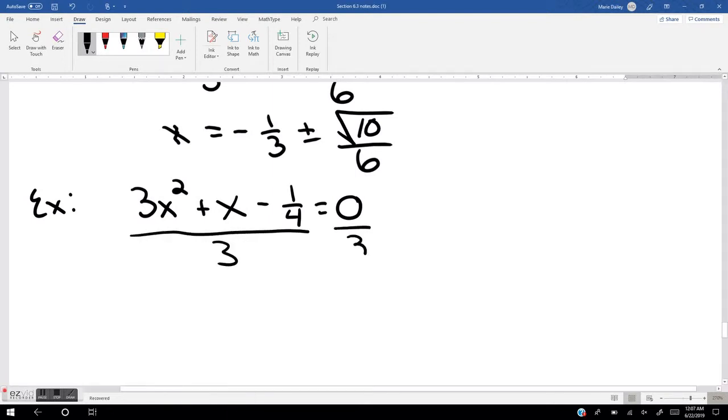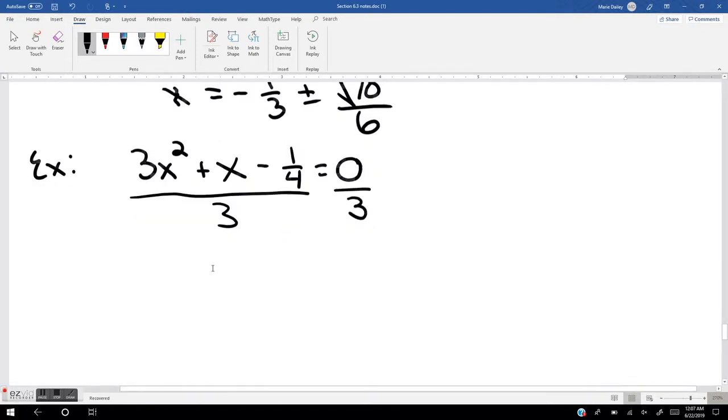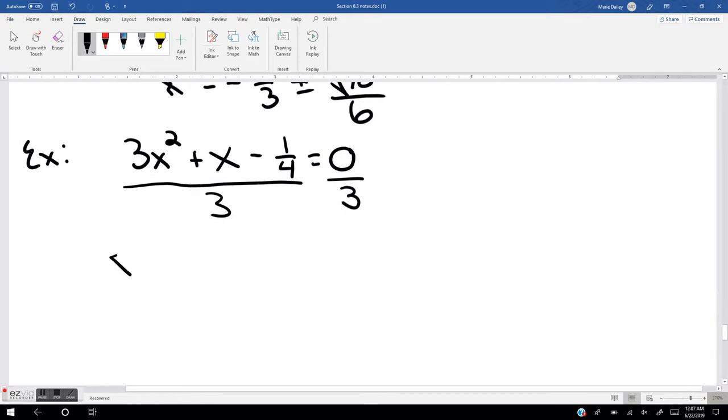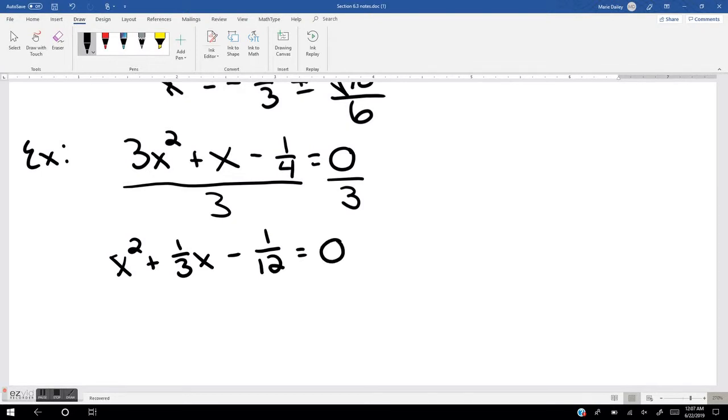Since it's not, we're going to divide both sides by 3. Now that 3 is going to go into each and every single term, because again, remember, a polynomial divided by a monomial, it's got to go into everything. So an equivalent equation is x squared plus 1/3 x minus 1/12.